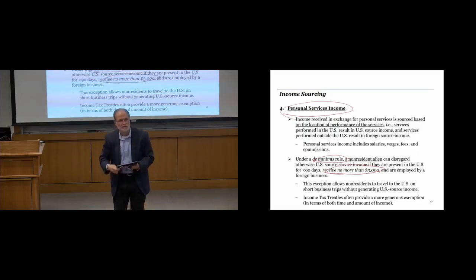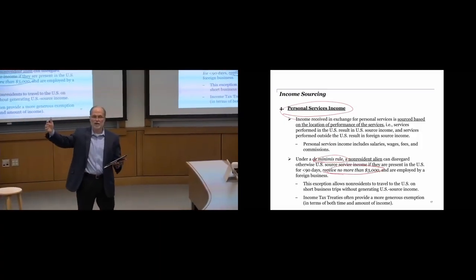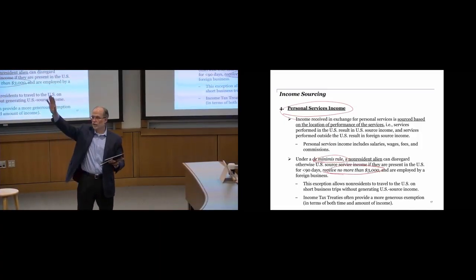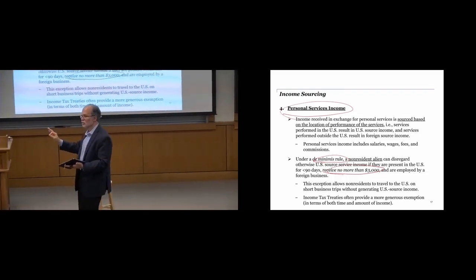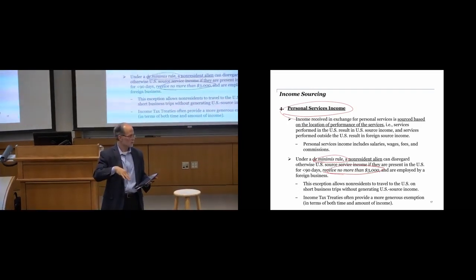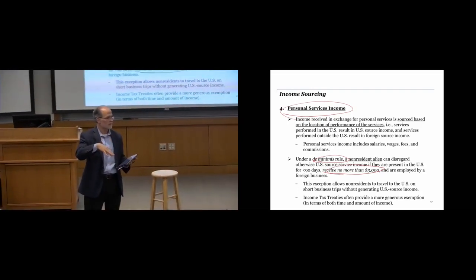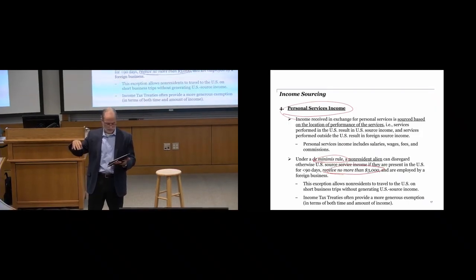Okay? This allows non-residents, so foreign people, to come into the United States on short business trips. They are performing services in the United States because they're in the United States on business without creating U.S. source income. Okay?